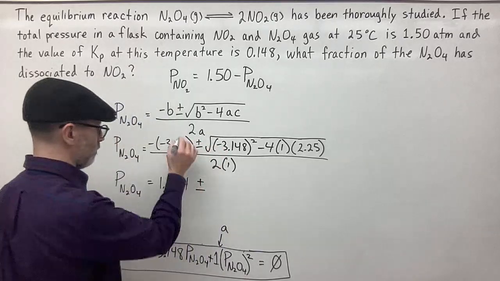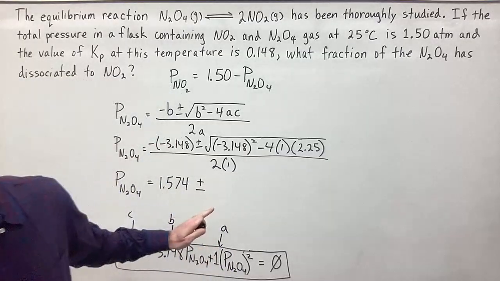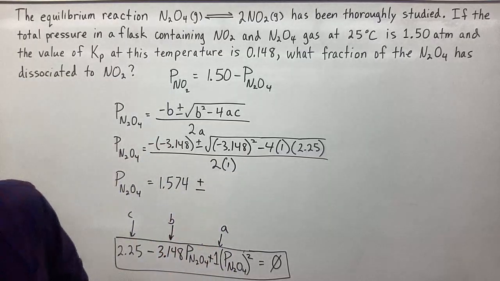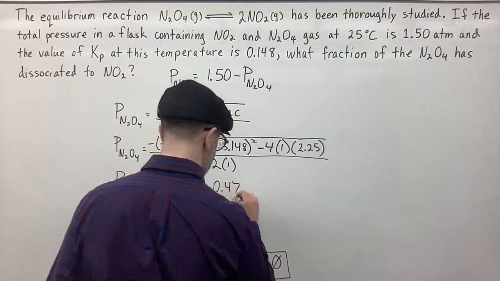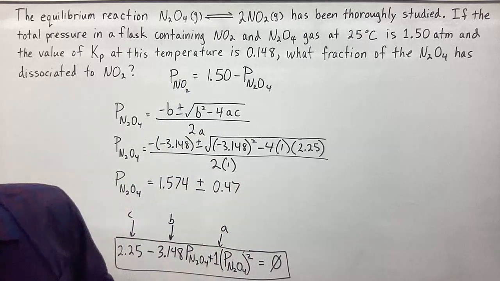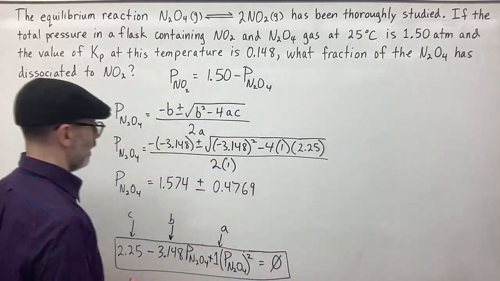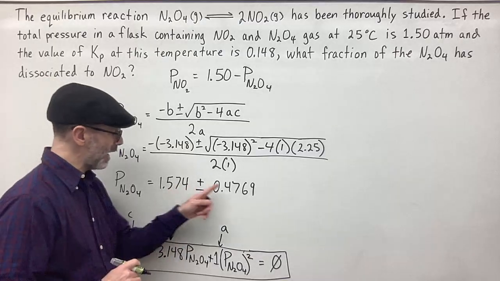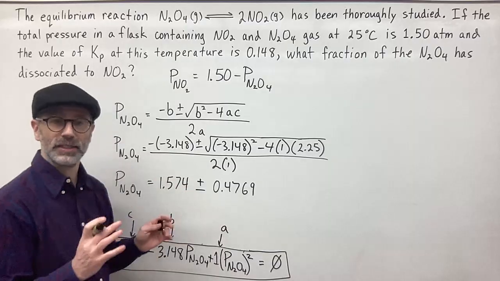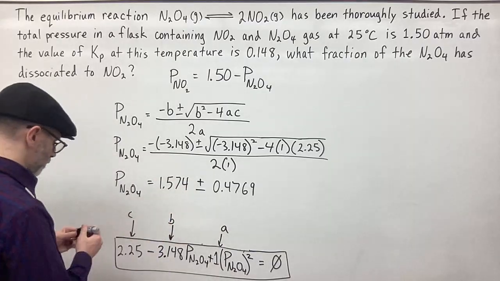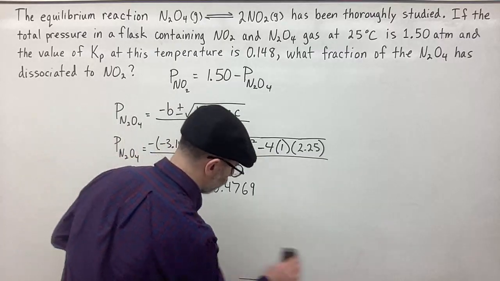So we figured this out, and then it's going to be plus or minus 0.4769. And then I'm going to add this to this number, or subtract it, and I'll get my two values for the partial pressure of N2O4.